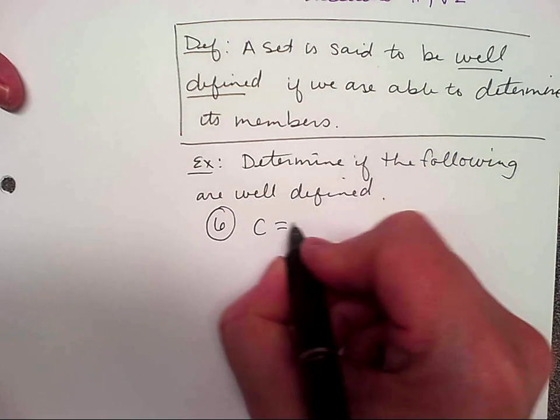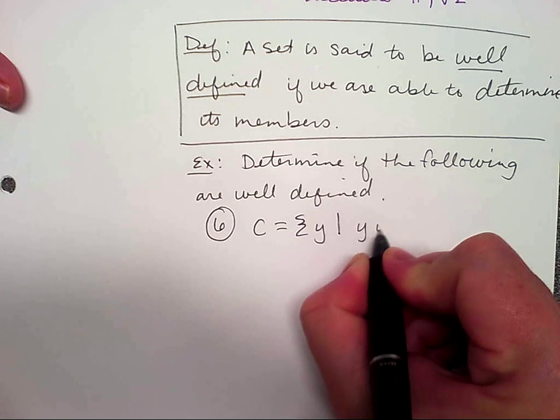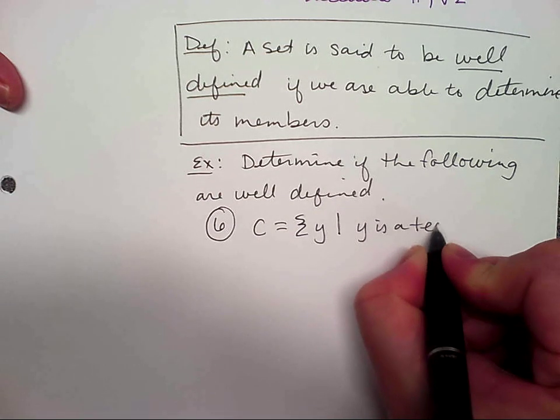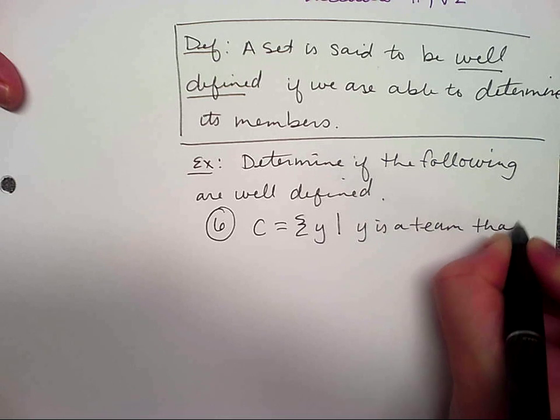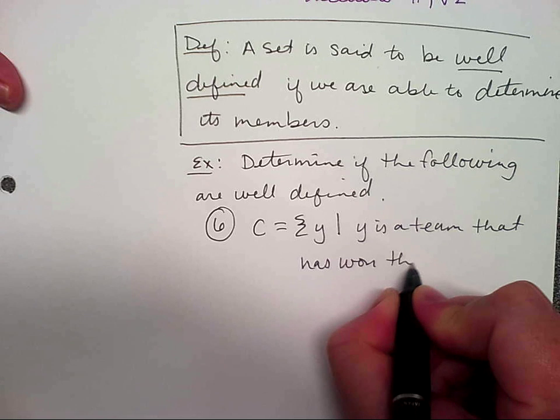The set C equals Y such that Y is a team that has won the Super Bowl.